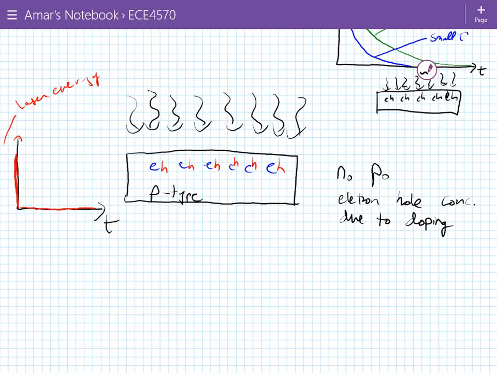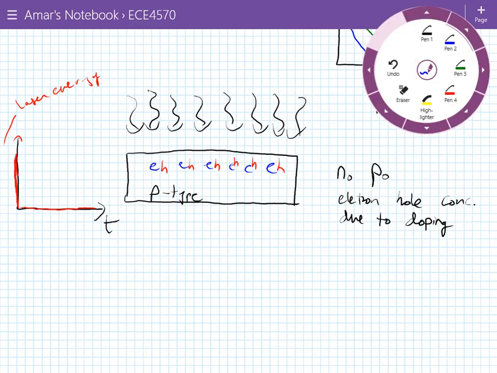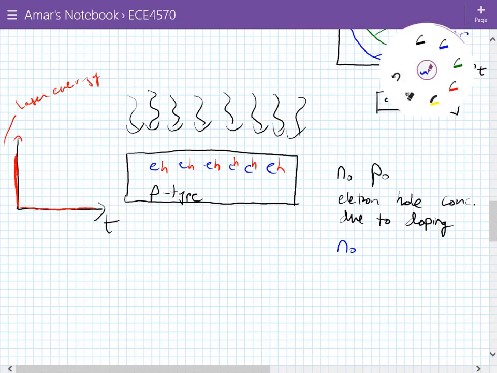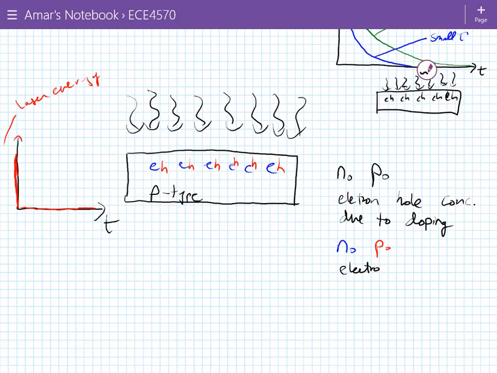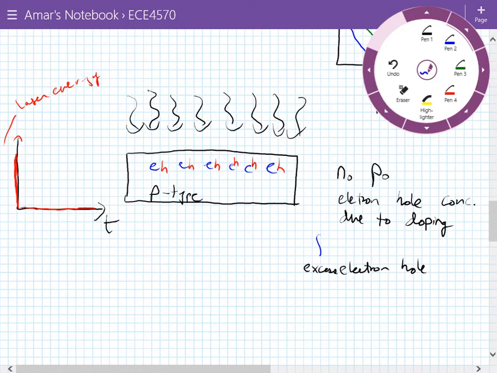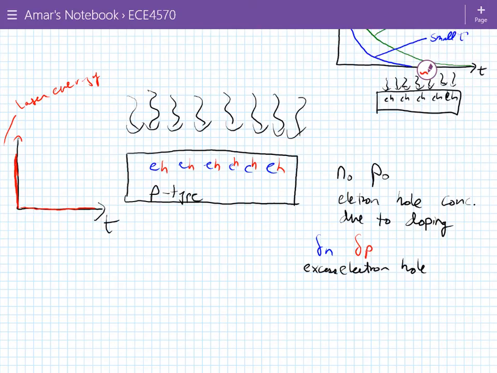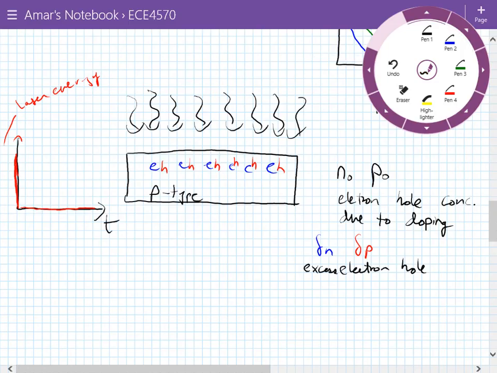And let me just color this so you can see n0 and p0. Then Δn and Δp are the excess electron and hole concentration that's due to the light shining on the material.